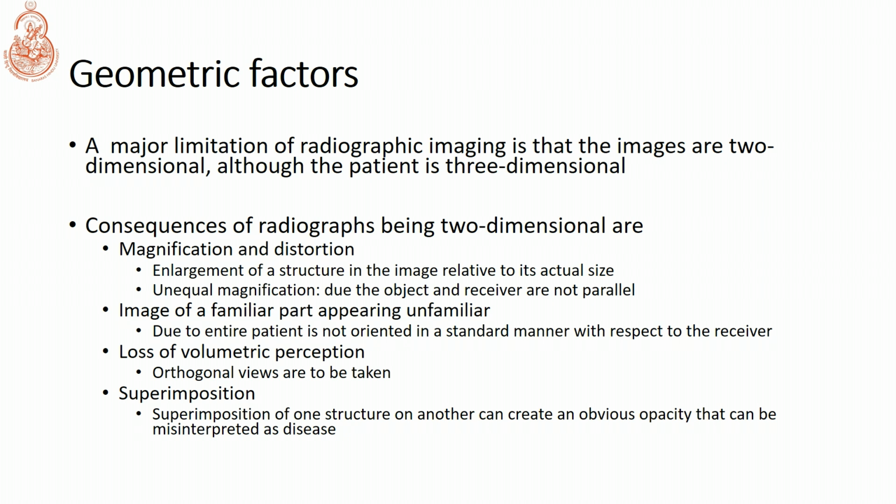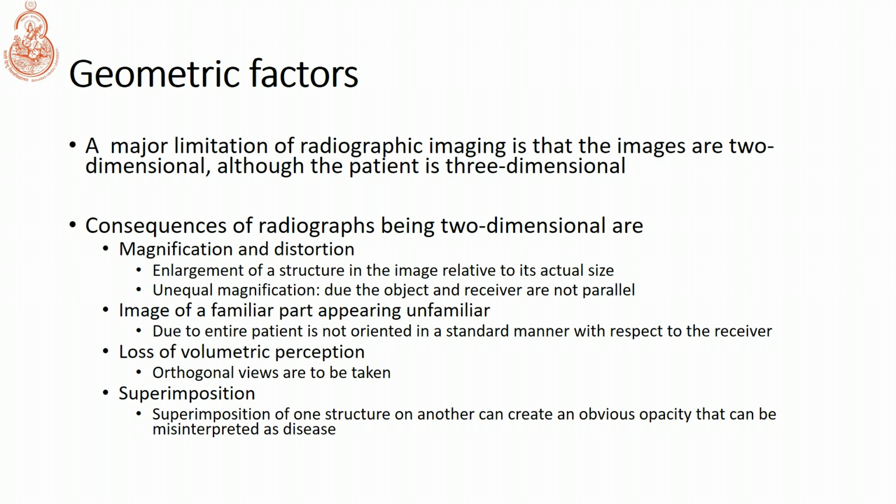When we were learning about the basic principles of making a quality radiograph, we said the part film distance and the film focal distance should be maintained properly. The part film distance should be 0 centimeters, while the film focal distance should be between 90 to 100 centimeters.